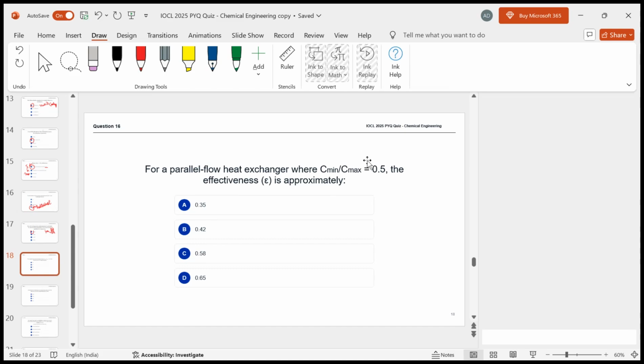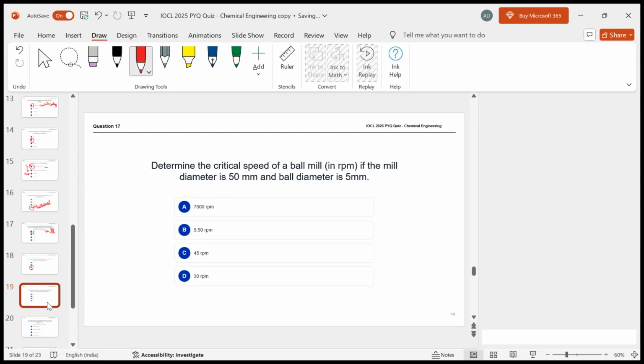With common sense, we can see that if C minimum upon C maximum is 1, the effectiveness reduces to 50%. But if it is 0.5, the effectiveness would be between 50% to 60%. So the answer to this question is 0.58.